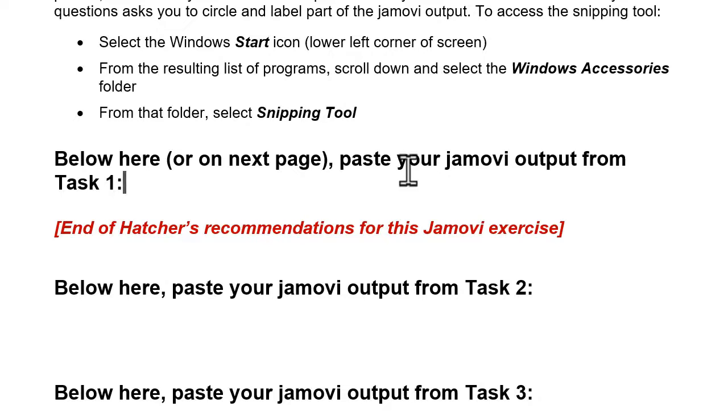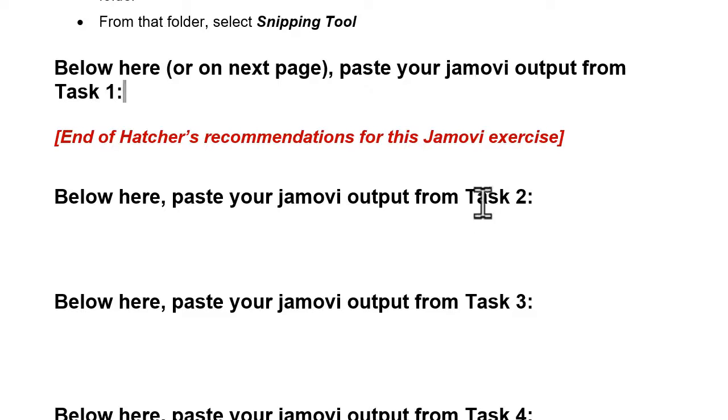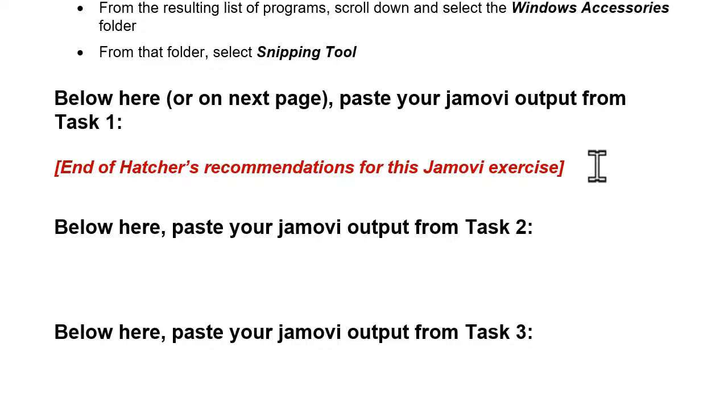It says below here on the next page, paste your Jamovi output from task 1, and this is the location where you would do that. And the exercise goes on, paste your output from task 2, from task 3, and so forth. Folks didn't seem to have much trouble with this bit of pasting, and therefore this is the end of Hatcher's recommendations for this Jamovi exercise.